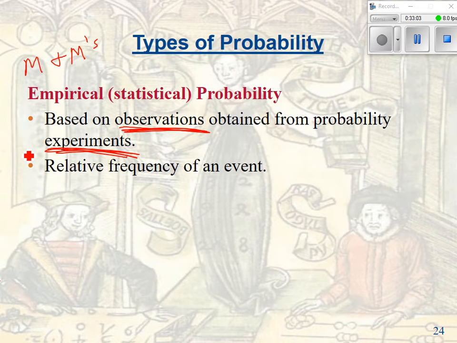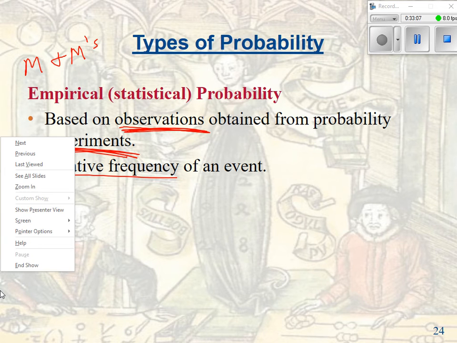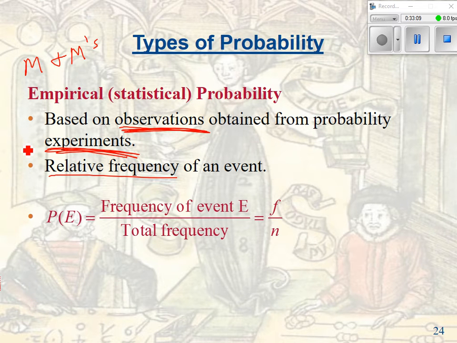Relative frequency of an event. Relative frequency is just how often it occurs. Same setup here. When you do an empirical probability, it looks different.